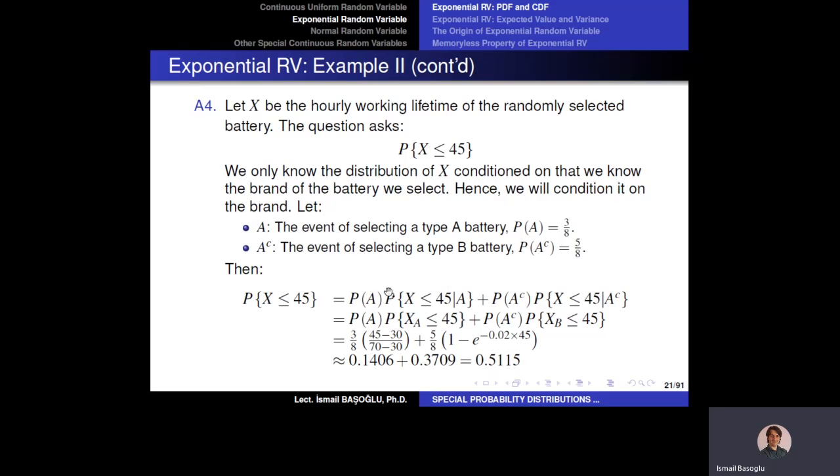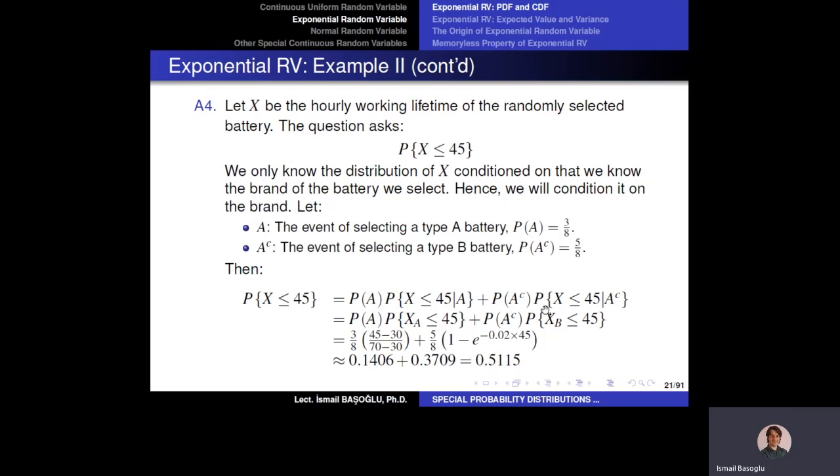And this conditional probability can directly be expressed as the probability of a type A battery's lifetime to be less than or equal to 45. So this conditional information gives us that X is already distributed with the lifetime distribution of a type A battery.